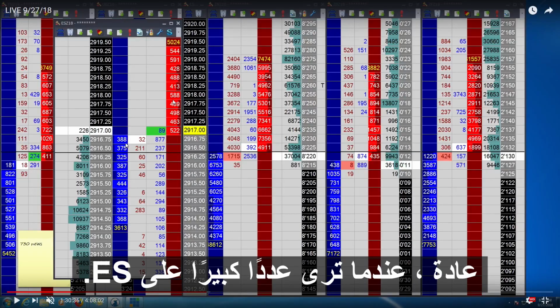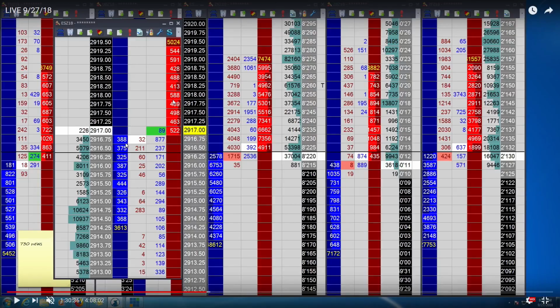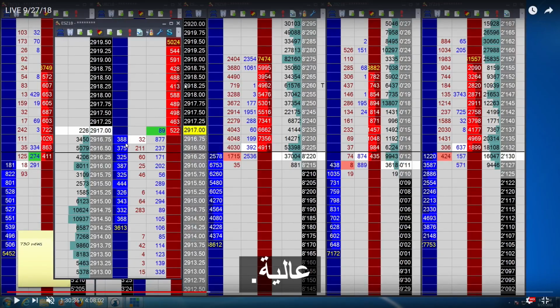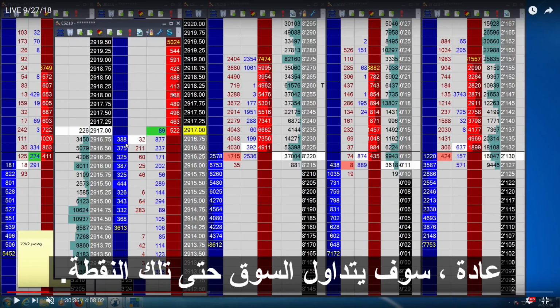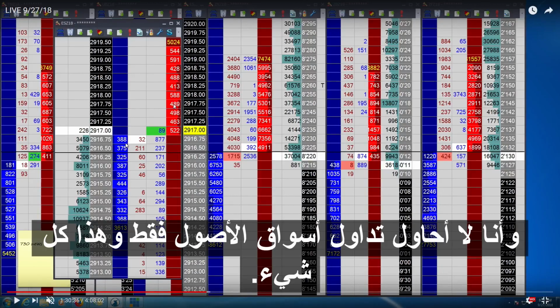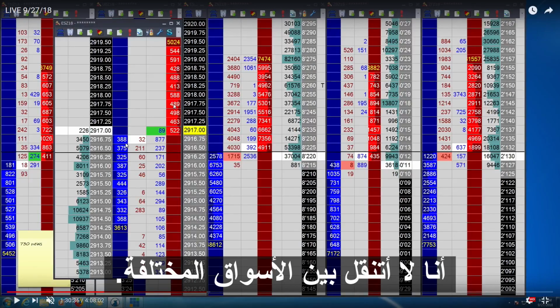Usually when you see an unusually large order on the ES sitting away from the current market off of a high, the market will trade up to that point. It acts like a magnet. That's something I only really see in the ES, and I only trade a set of markets. I don't bounce between different markets.